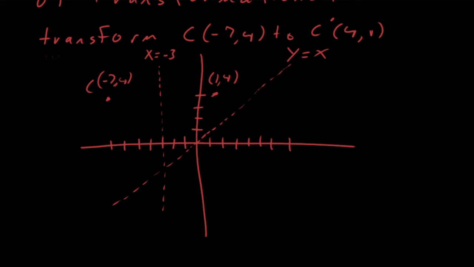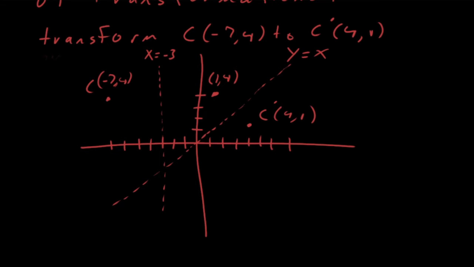And then when it reflects across y equals x, basically the y and the x swap, but the geometric way to think about it is you go down 3 to get to the line, so you have to move over 3 to get to the line. 1, 2, 3. So here is our C prime, 4, 1.